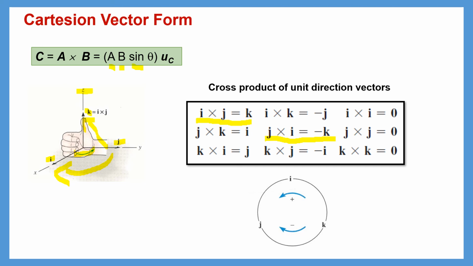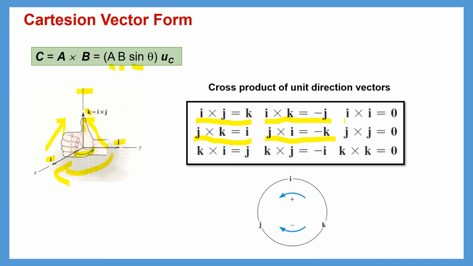Counterclockwise direction. So it will generate i. j cross k will produce i. Let's say i cross k. It will be in clockwise direction. So it will generate minus j. i cross k will be equal to minus j.